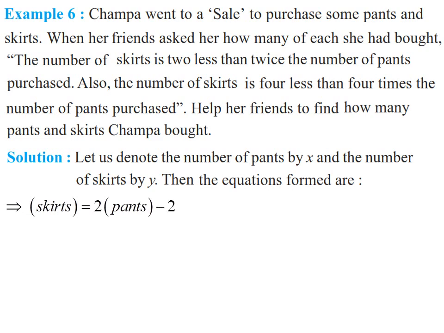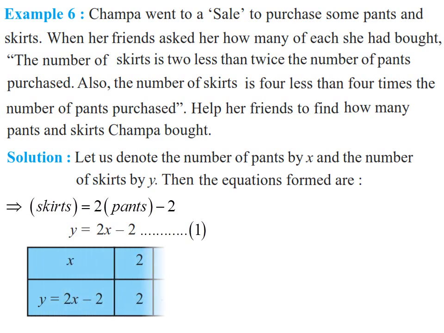In place of skirts we put y and in place of pants we put x. The first equation will be y equals 2x minus 2. You know how to plot the points, so put different values of x and you will get different values of y.